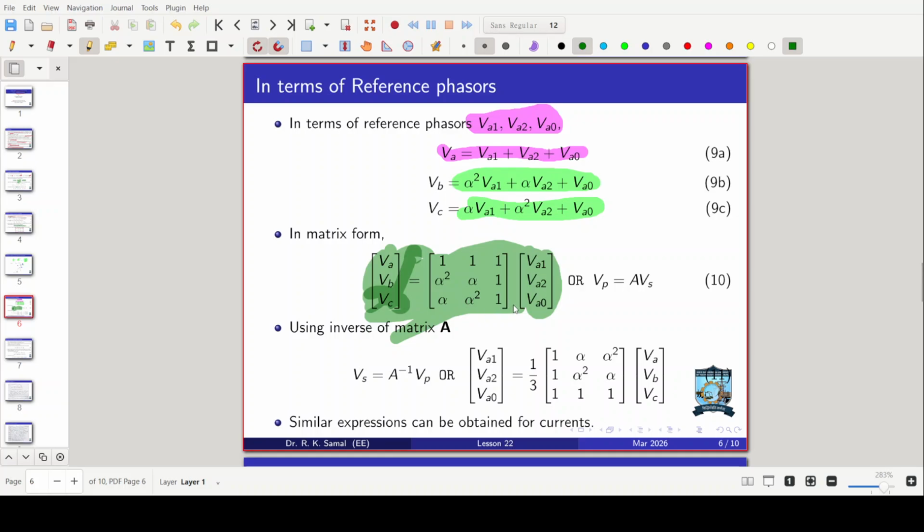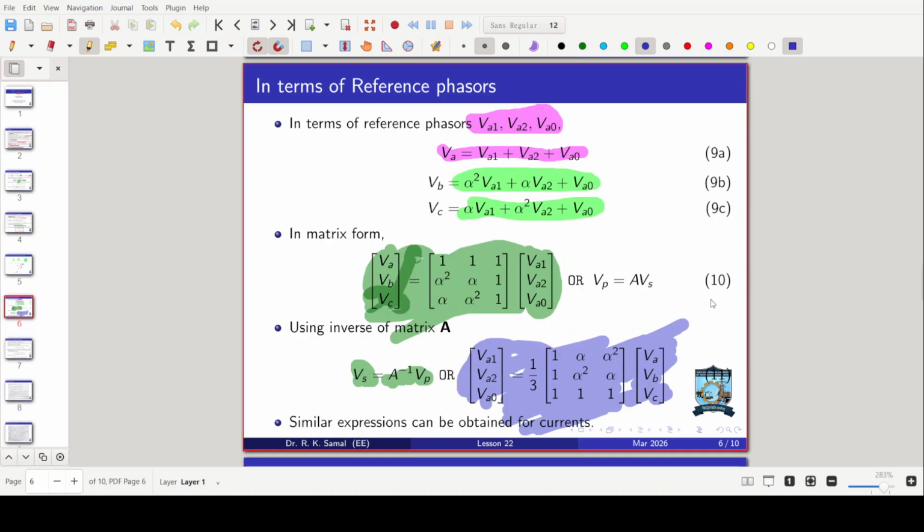Using the inverse, we can find the various sequence voltages from the phase voltages. So, the sequence voltages VA1, VA2, VA0 can be obtained from the original voltages VA, VB and VC by inverting the matrix, which comes out to be rows 1, alpha, alpha square; 1, alpha square, alpha; 1, 1, 1.